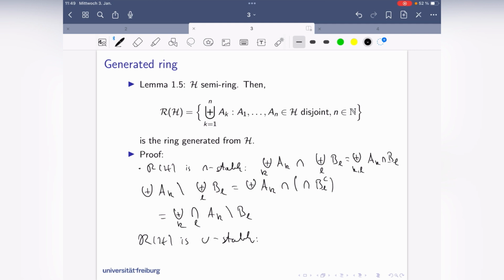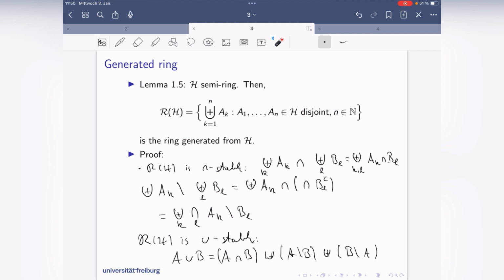How does this work? Well, that's not so hard. A union B I can write as A intersected with B, disjoint union with A without B, disjoint union with B without A, which means I have written the union as a disjoint union of sets also contained in here, because I already saw that A without B is in R of H and B without A also, which means I've written the union as a disjoint union, and I'm done.